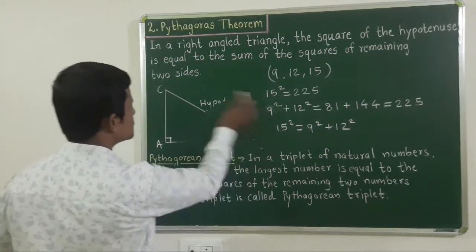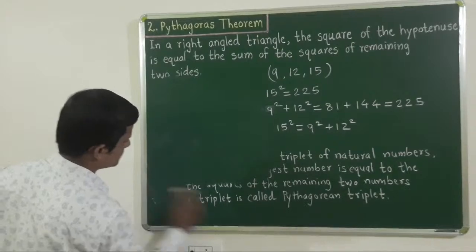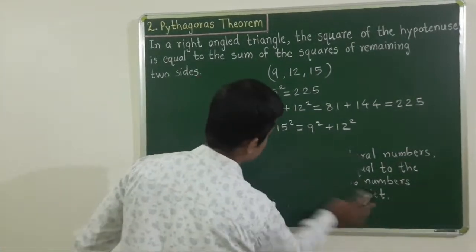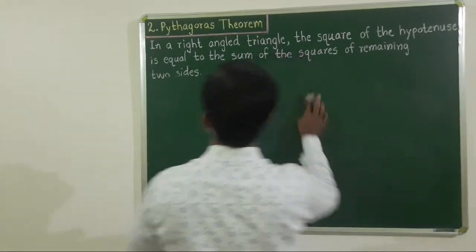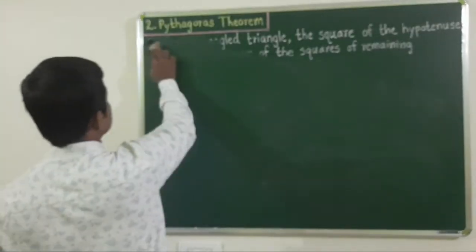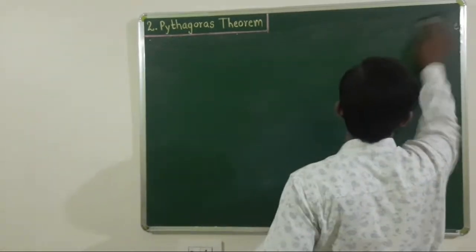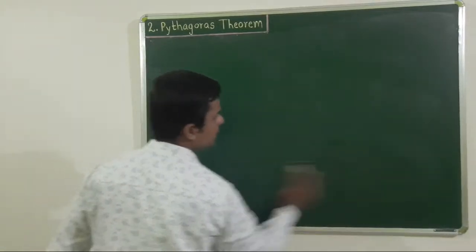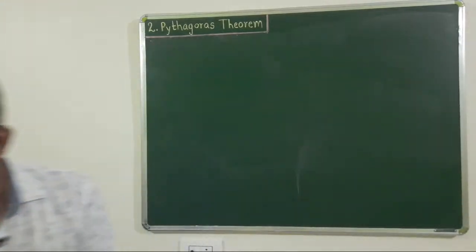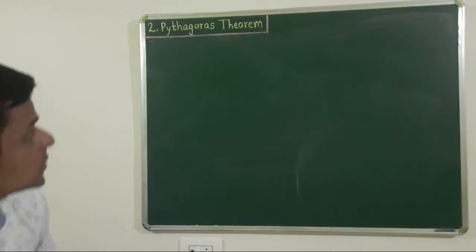Now we'll move towards one shortcut, or formula, to find Pythagorean triplet. Formula for Pythagorean triplet.